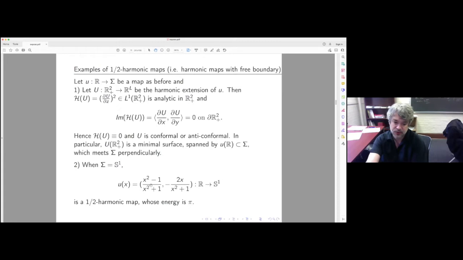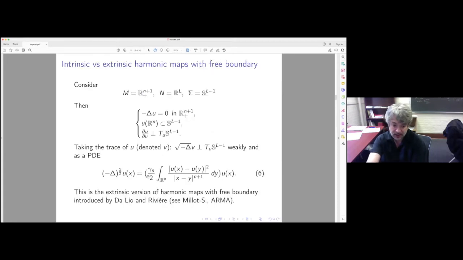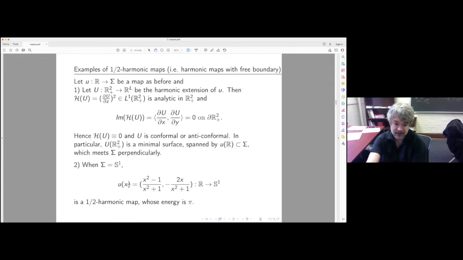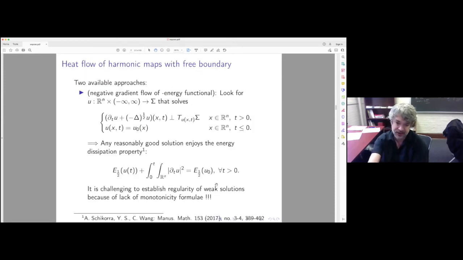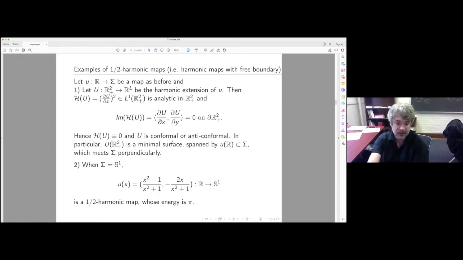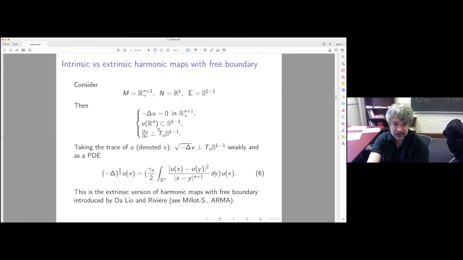Because of what I said earlier, if you take this half harmonic map from R into S1 or from the circle into the circle, and you extend it harmonically, then you are going to have a solution of this equation exactly in the way I described before.